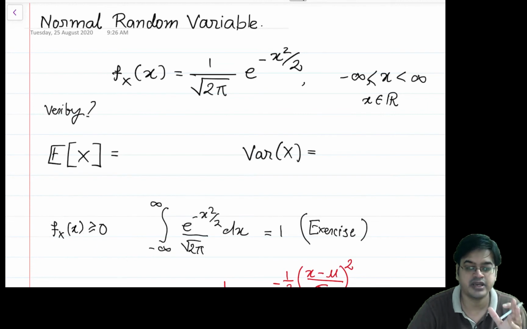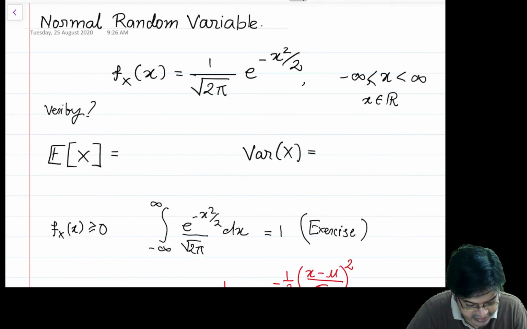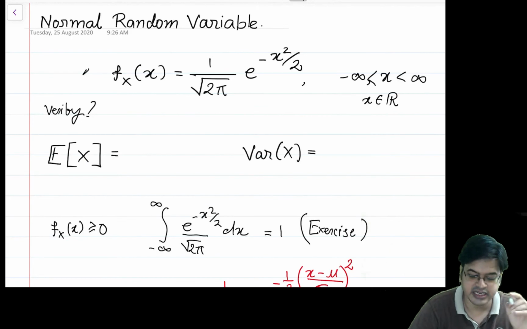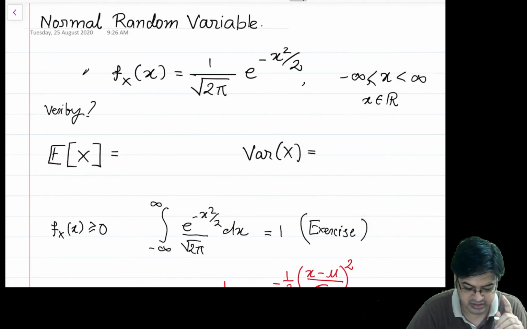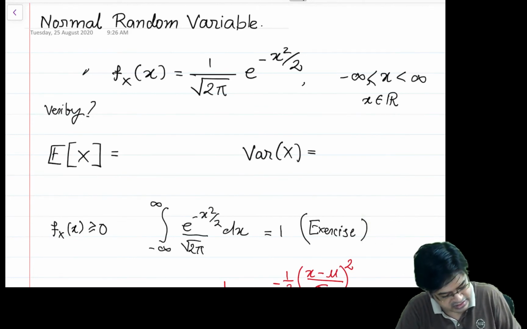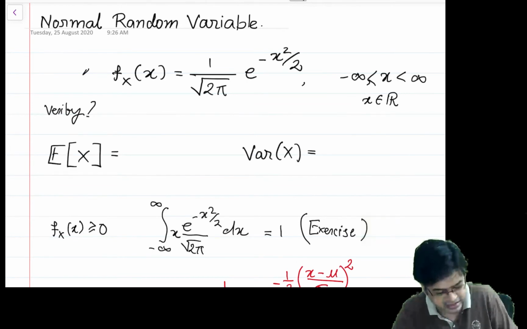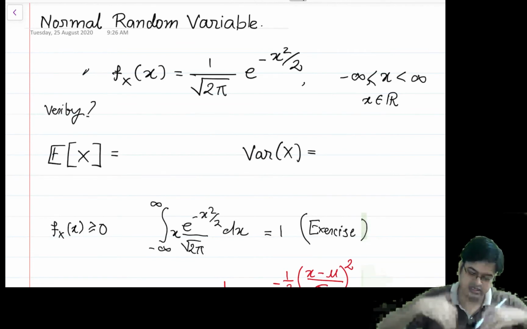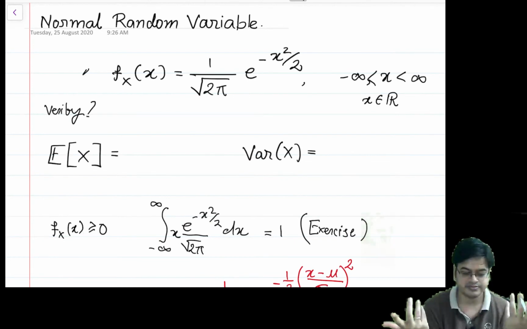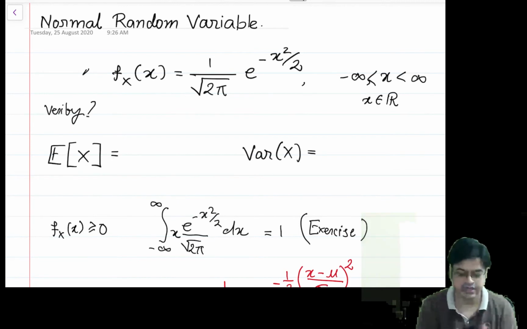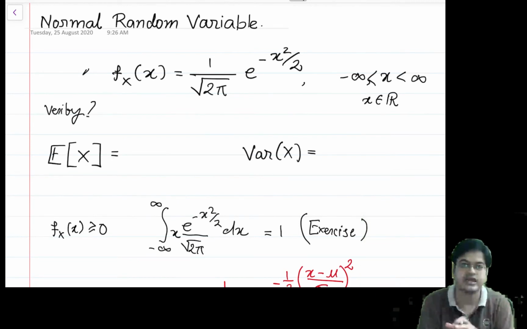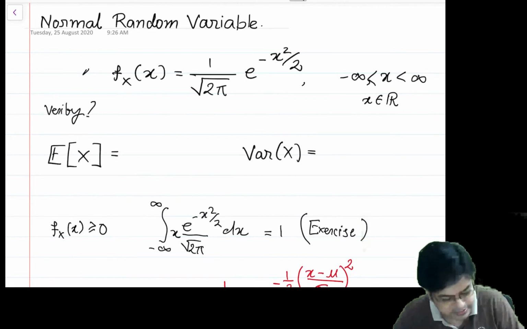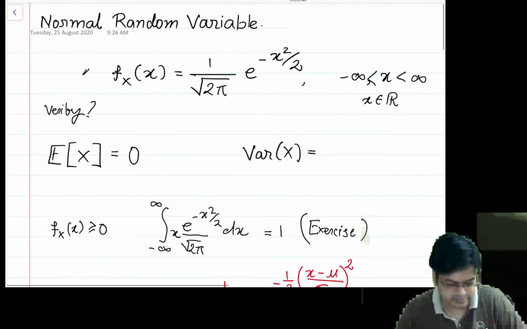What is the mean of this particular density or random variable, or what is the expected value? It turns out that you can again use the software and you can simply treat this as x e raised to minus x square by 2. You will see that these two parts symmetrically divide each other, minus infinity to 0 and 0 to infinity, and therefore both of them will cancel with each other, giving you the integral to be equal to 0.